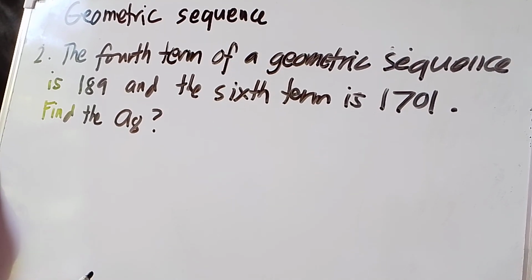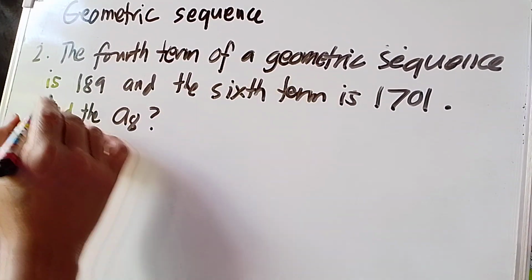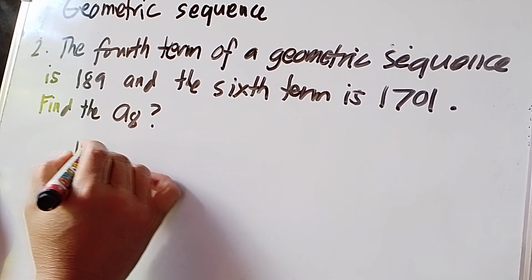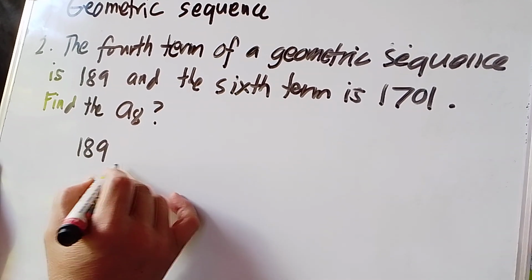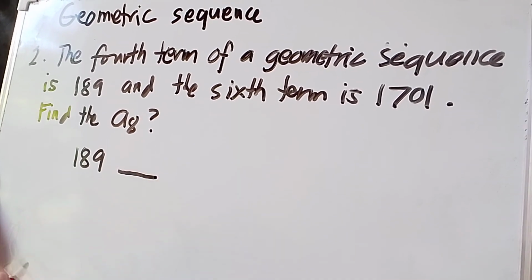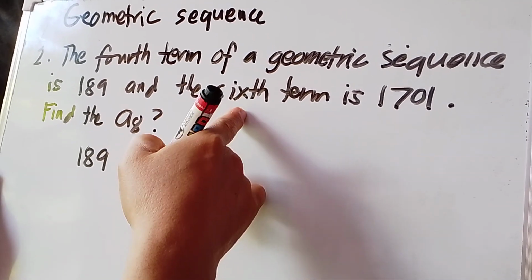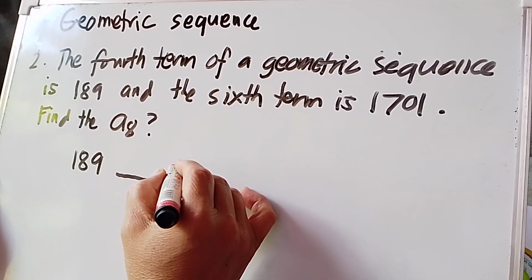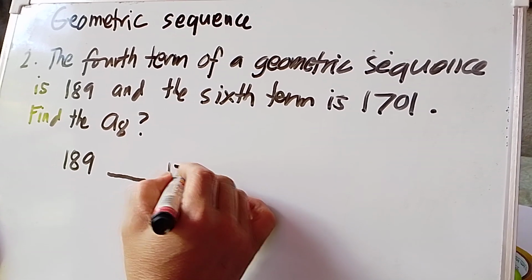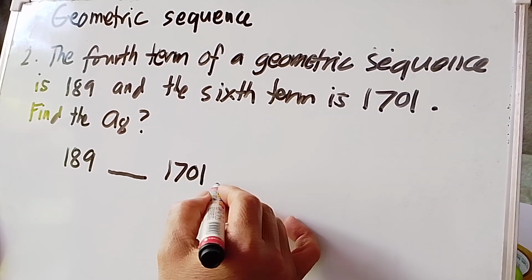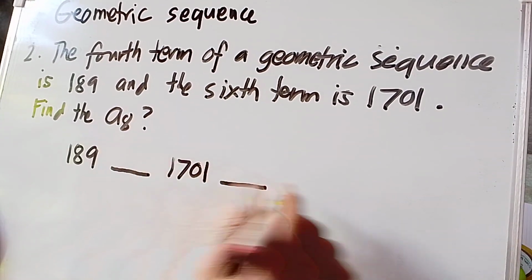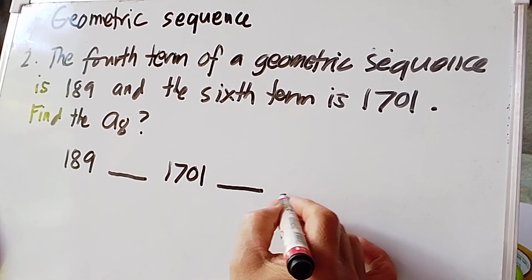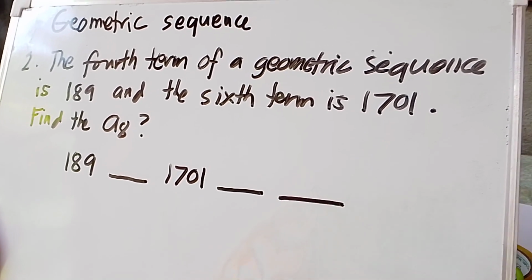So fourth term, I have here 189. Then this is unknown. Then the sixth term, so A4, A5, followed by 1701. And then this is unknown again, and then the next is A8.